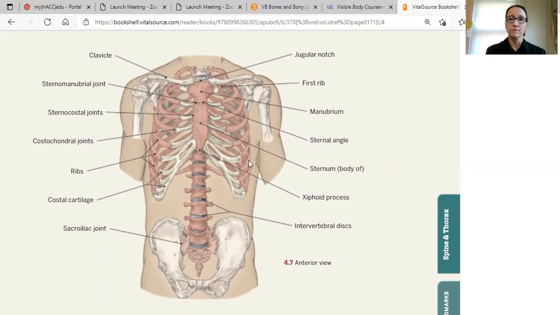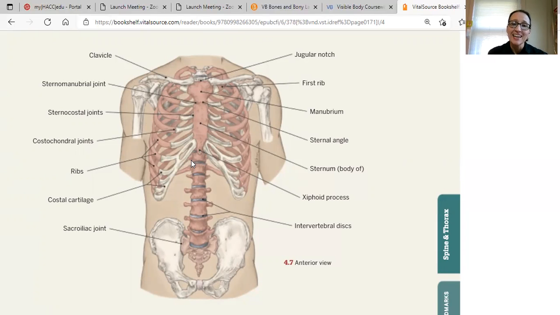Ribs 8, 9, 10, 11, and 12, which are difficult to see here. You can see some of them. They either attach to the sternum with a shared piece of cartilage or do not attach to the sternum at all. And those are called false ribs. So ribs 8, 9, and 10 here, they share a piece of cartilage that attaches to the sternum.